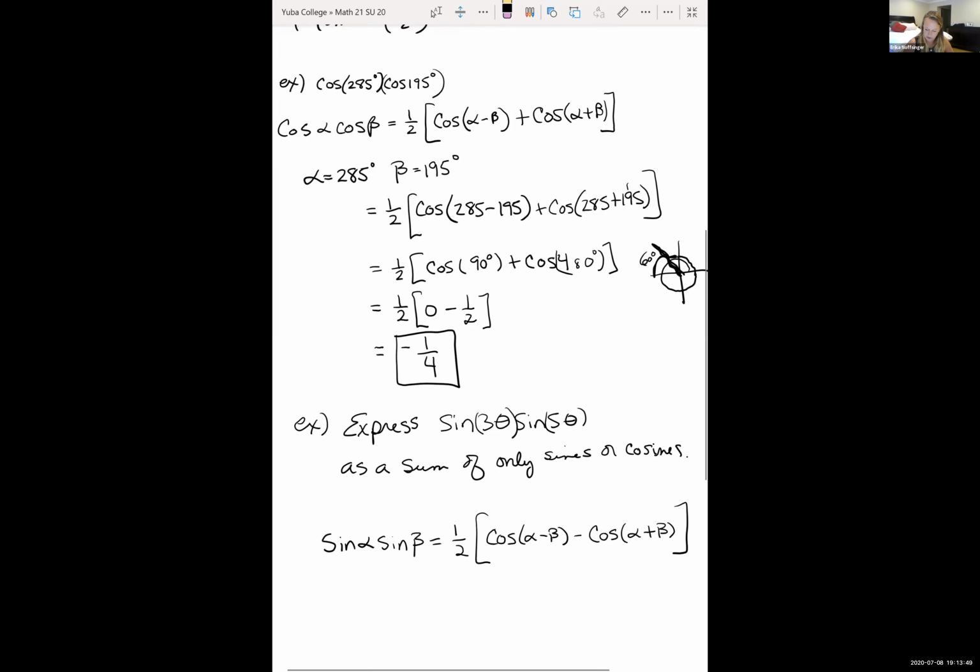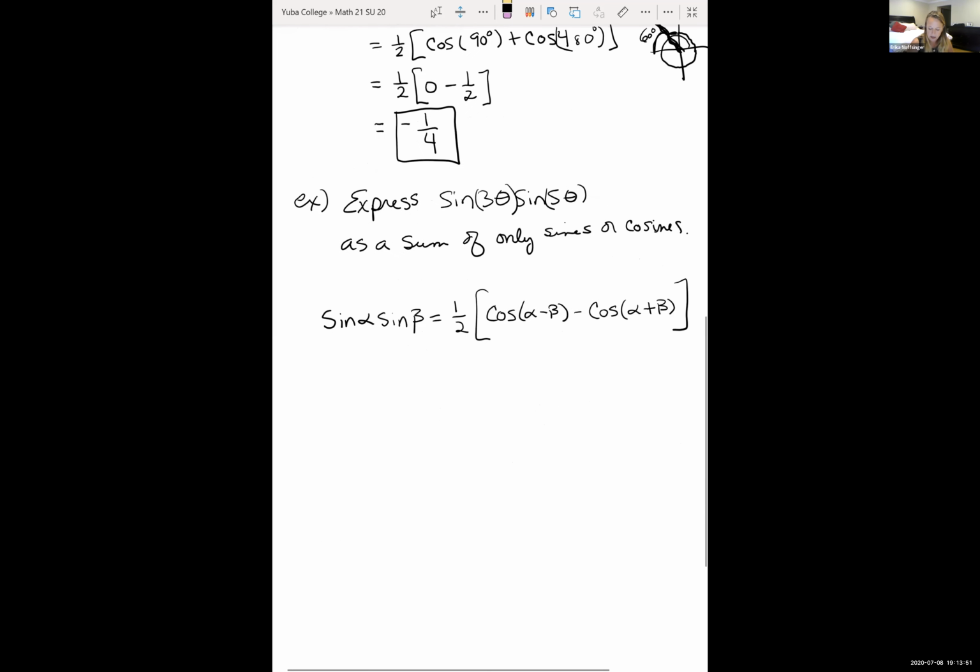Let me make sure. Yep. And so notice here that our alpha is 3 theta and beta is equal to 5 theta.